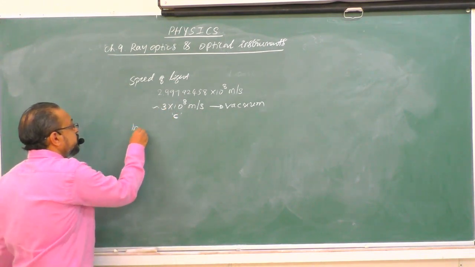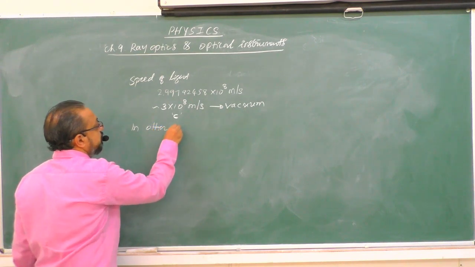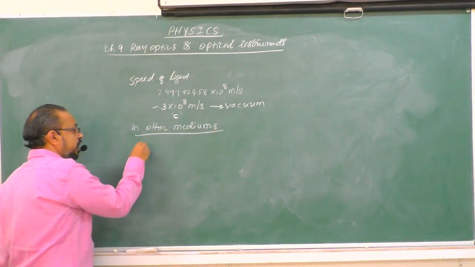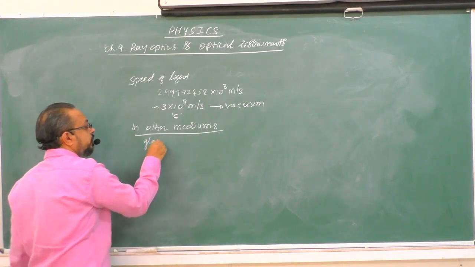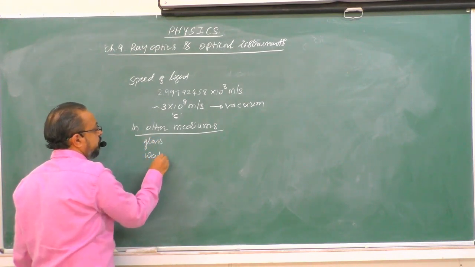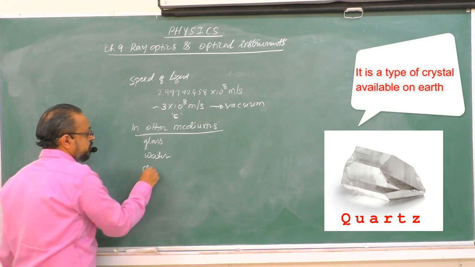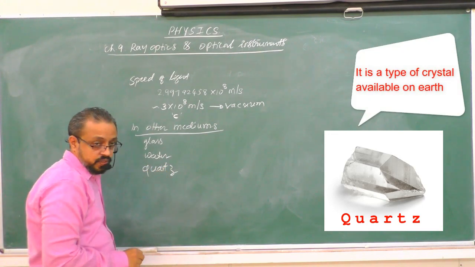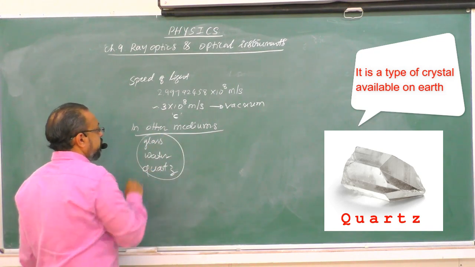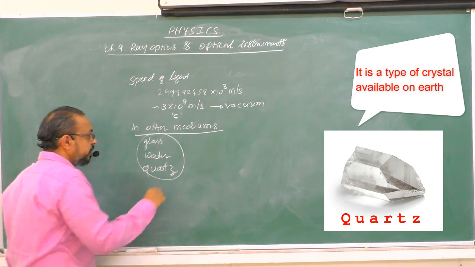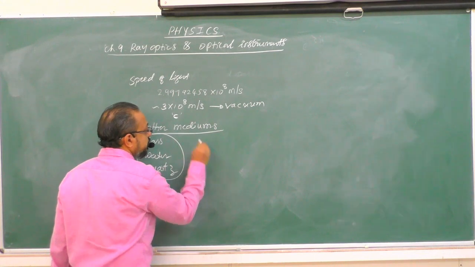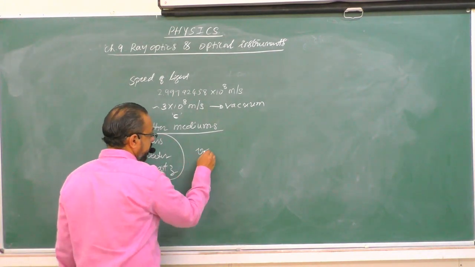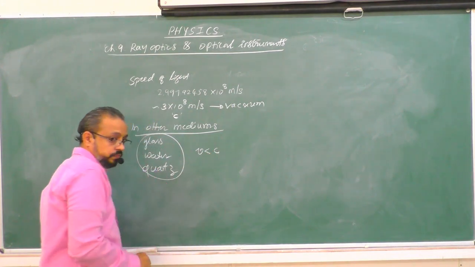In other mediums, in other optical medium like glass, water, and some quartz, in all these media, the speed of light is usually we write v, and this is less than c.